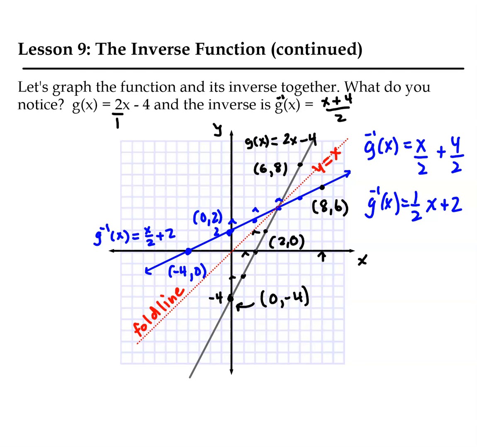So we observe that the coordinates in my function, if they're represented by AB, become BA if I consider the inverse function.